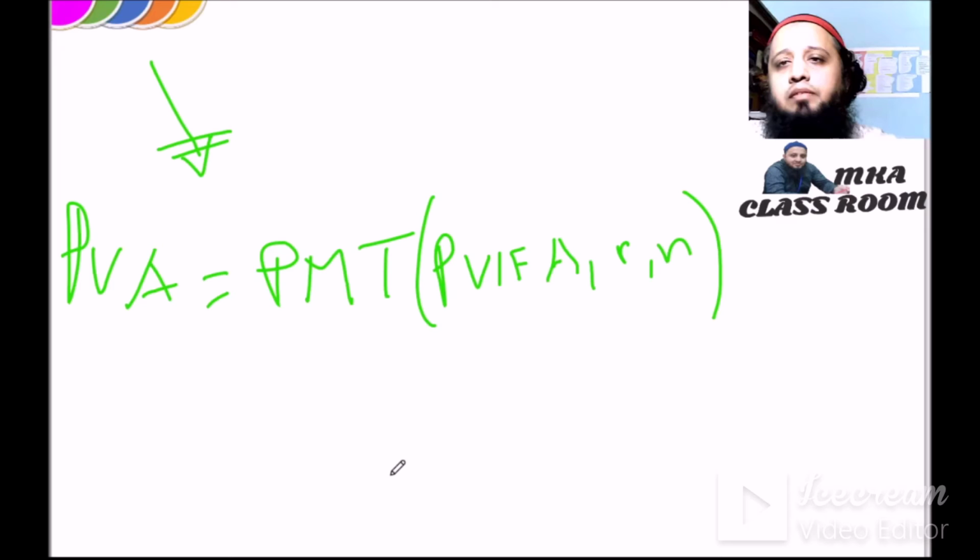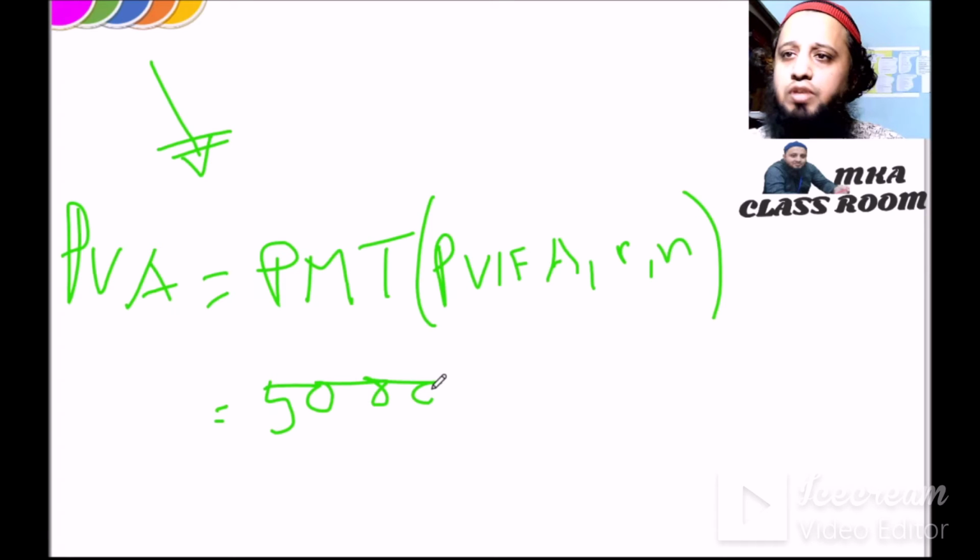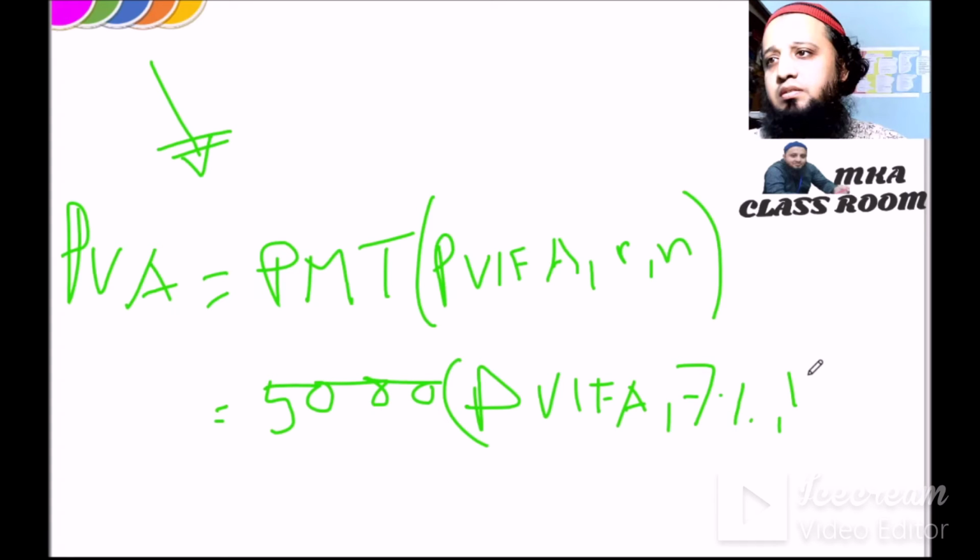You can download any kind of financial table from the internet, it is very available. If we put our values: 5,000, PVIFA, our interest is 7%, and the number of periods is 10.